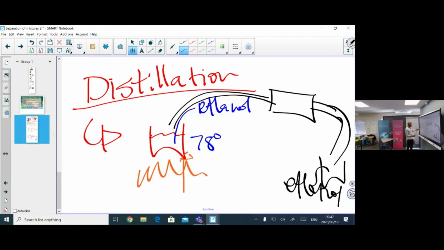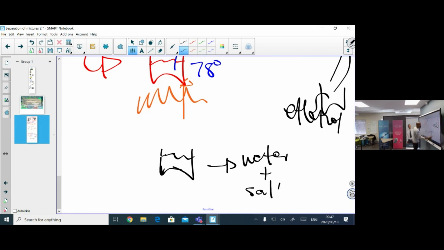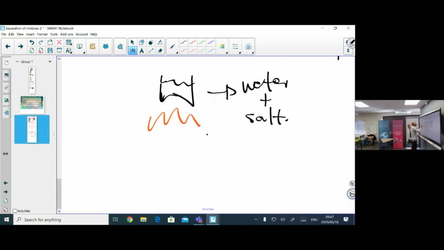Our ethanol is out, meaning we are remaining with our beaker having now water and our dissolved salt. So how do we separate the two? You continue heating it up. We continue heating it up, and once it hits 100 degrees Celsius, we know that our water will start to vaporize.